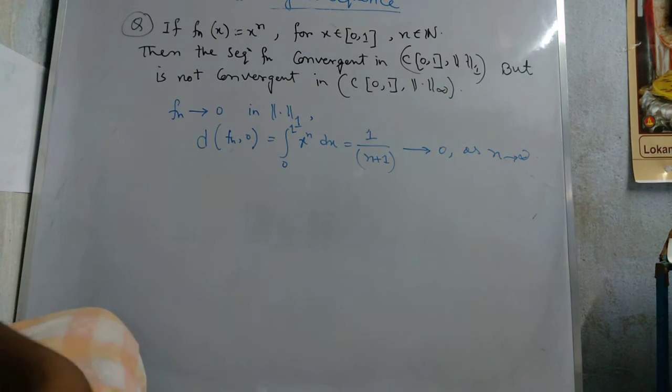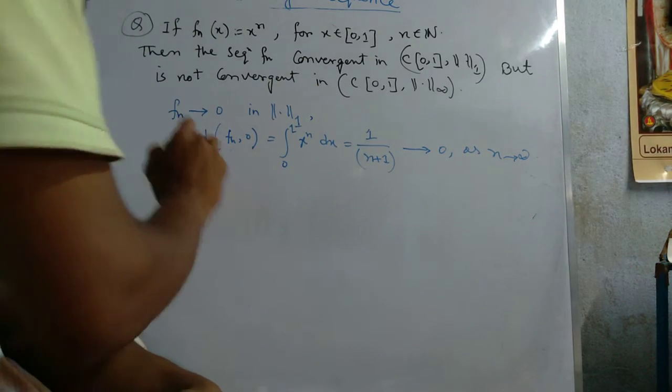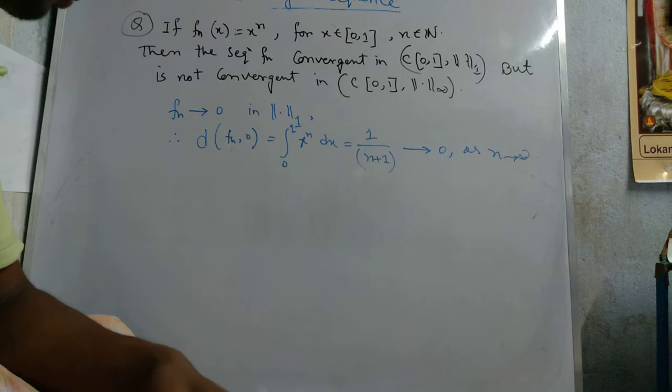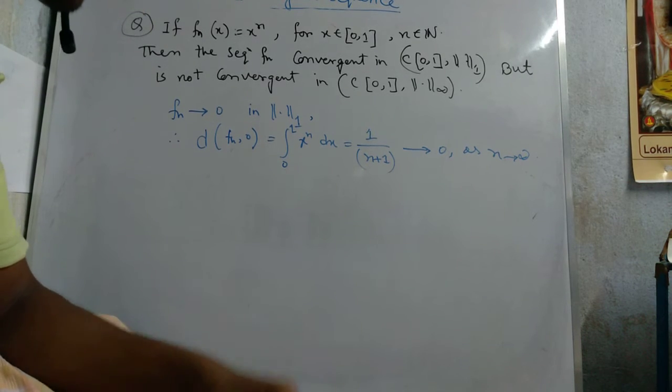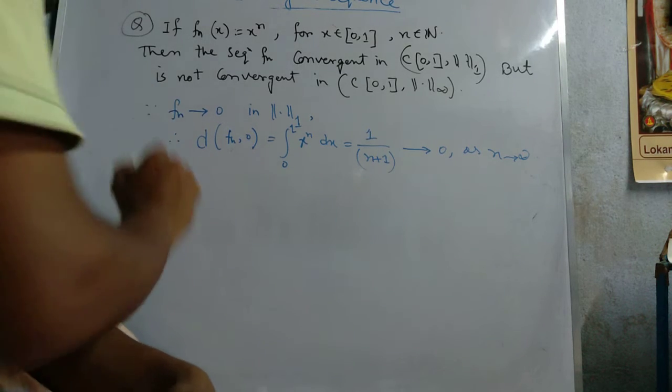So d(fn, 0) tends to 0, and so fn converges to 0 in norm 1.